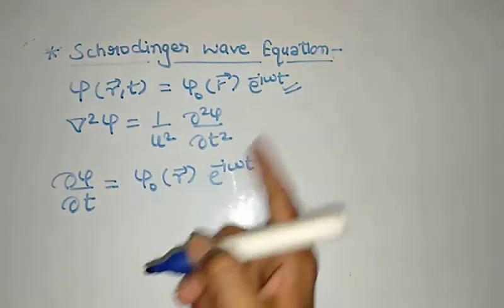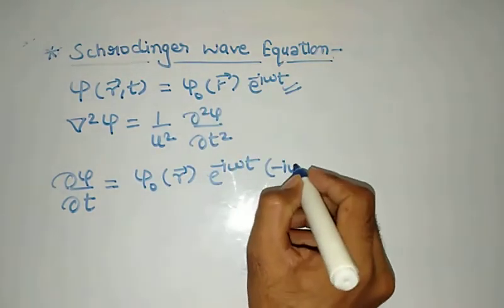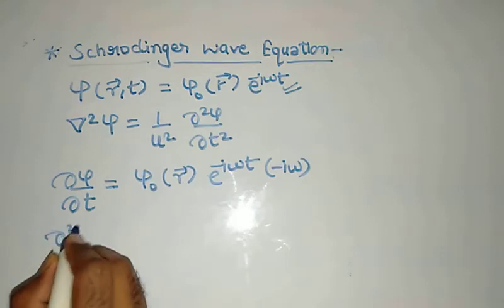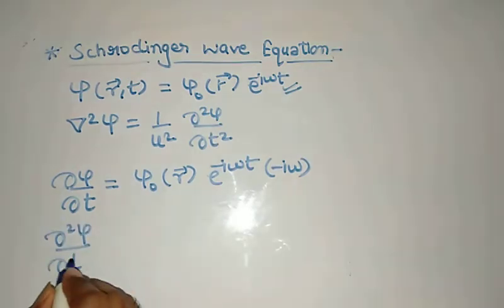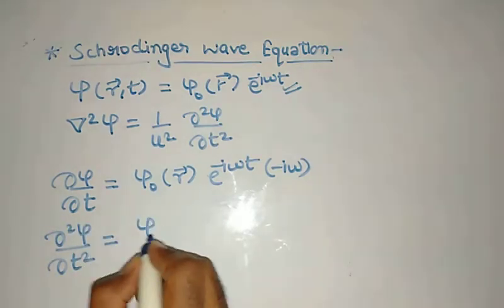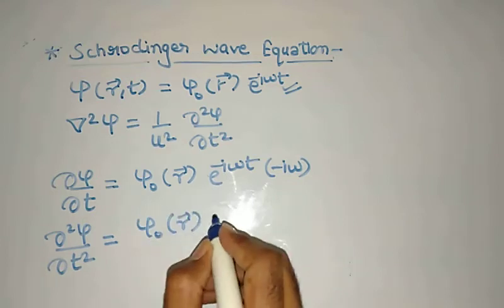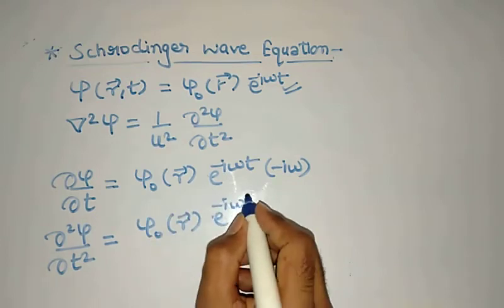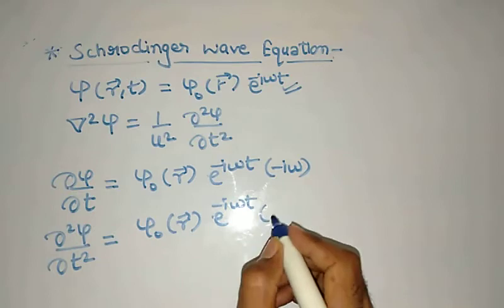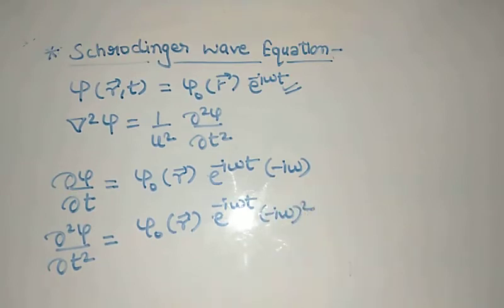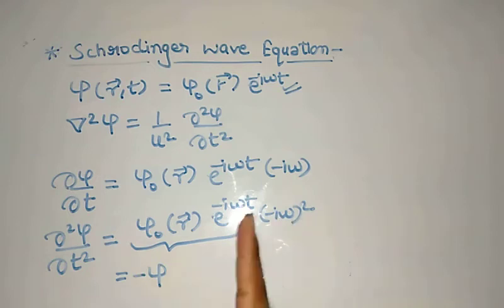We will differentiate this one once more. Again this will be square, this will be again psi, minus i square, minus 1 omega square.